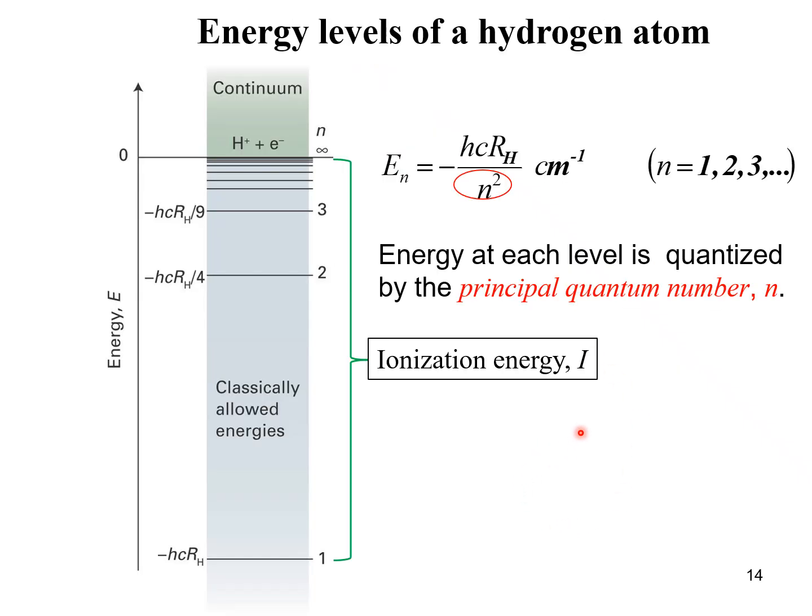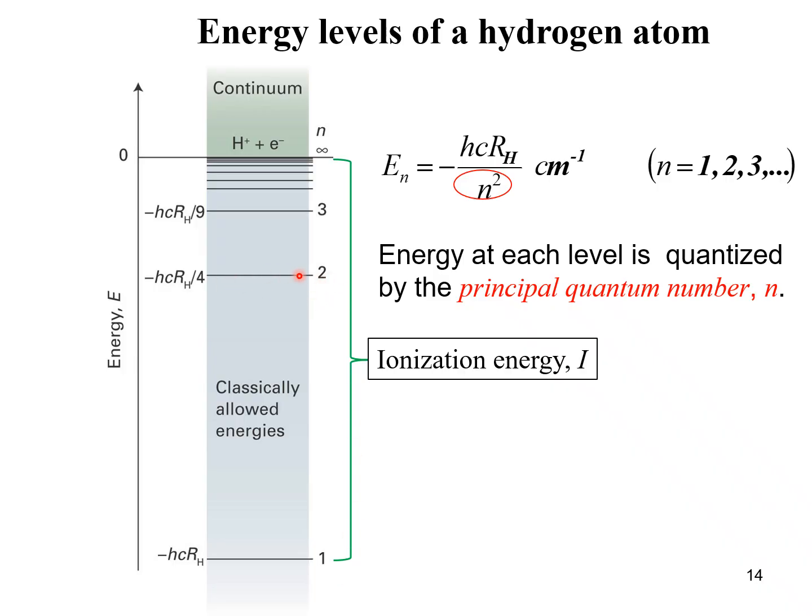Now we can substitute the values of the principal quantum number n equals 1 to 3 into the equations to determine the respective value of energy for each level. So we can illustrate the energy levels of hydrogen atoms using the diagram here. We substitute n equals 1, then we get this value of energy at the n equals 1 energy level.